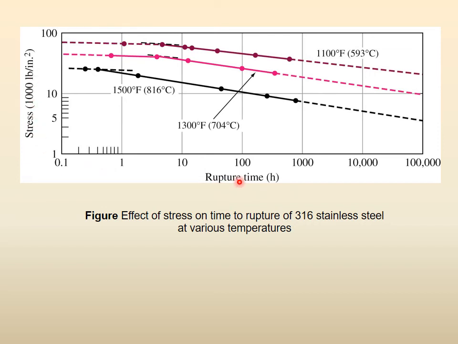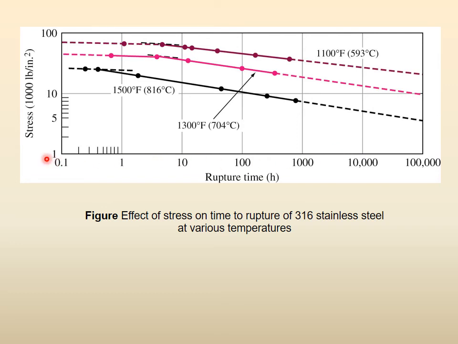So this is a creep rupture test, and then you see again that this is 800 Celsius roughly, this is 700 Celsius roughly, this is 600 Celsius roughly. So when the temperature is high, the curve is the lowest, of course, right, because when the temperature is high, it will fail at lower loads, and if the load is high, then it will need a lower temperature, right, longer time and so on.